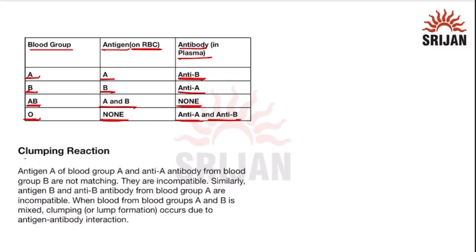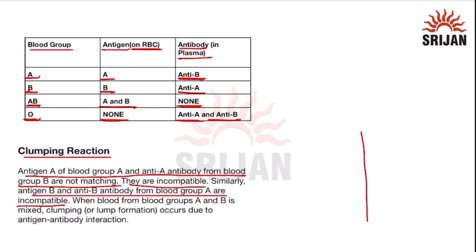Now let us read about the clumping reaction. Antigen A of blood group A and anti-A antibody from blood group B are not matching, they are incompatible. Similarly, antigen B and anti-B antibody from blood group A are incompatible. Let us take an example.